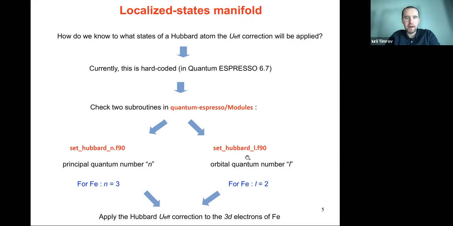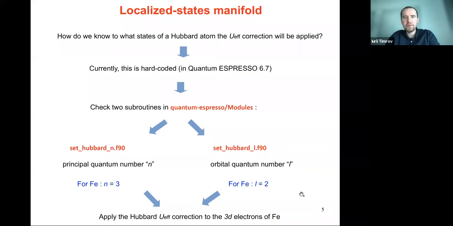In the case of iron, we want to correct the 3d shell. So the principal quantum number N is equal to 3, and the orbital quantum number L is 2, because this corresponds to the d electrons. And this is coded in these two routines.